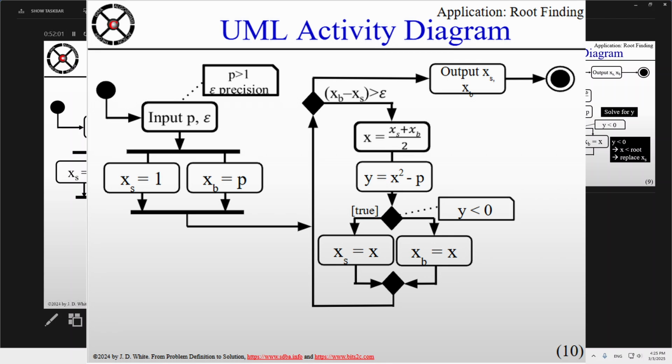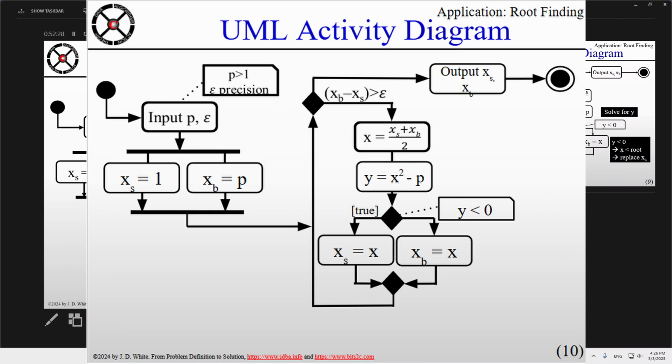If y is greater than 0, in other words, say 6 squared minus 2, I know that 6 is too big, right? It's a positive number. 6 is too big, so I can say, okay, xb is now 6. And then I will continue on. I'll find they're too big, and I'll just keep looping through here, taking the numbers halfway between the two, and slowly working my way down.